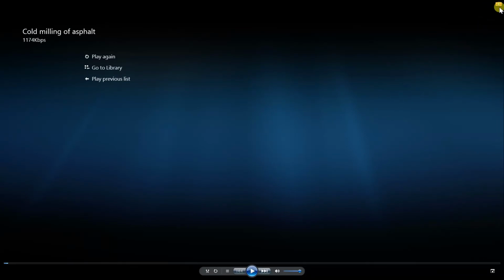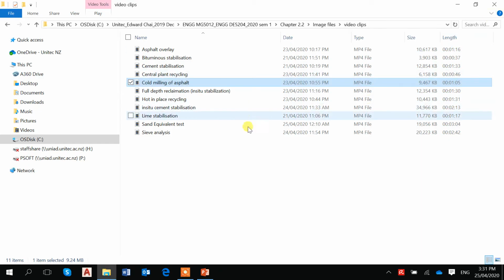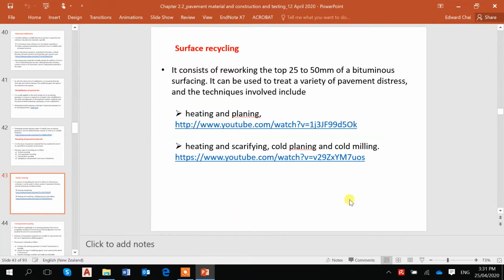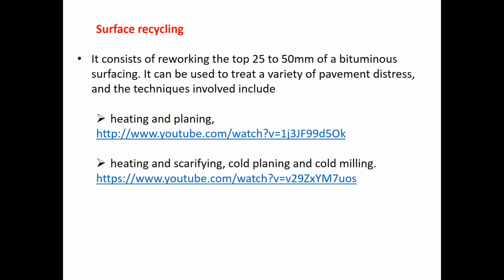Okay, so the two types are a bit different. The first one, which you just saw, you need to heat the surface. Everything is done on site, in situ.